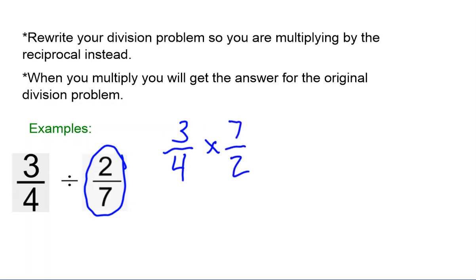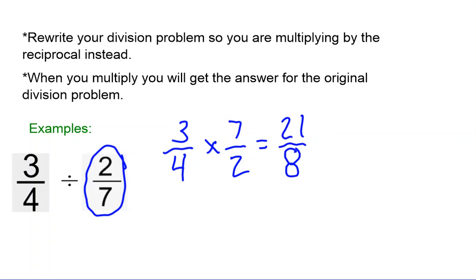Multiplying fractions, we just multiply the top and the bottom. So we would have 3 times 7, which gives us 21, and 4 times 2, which gives us 8.